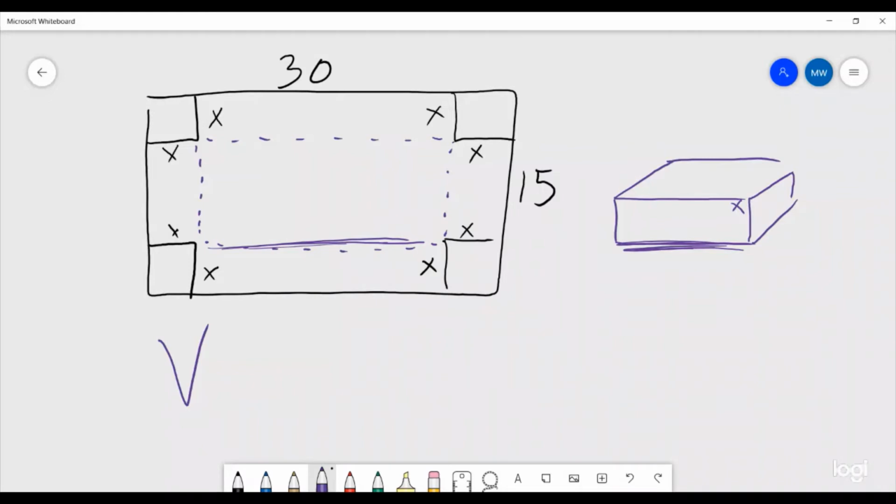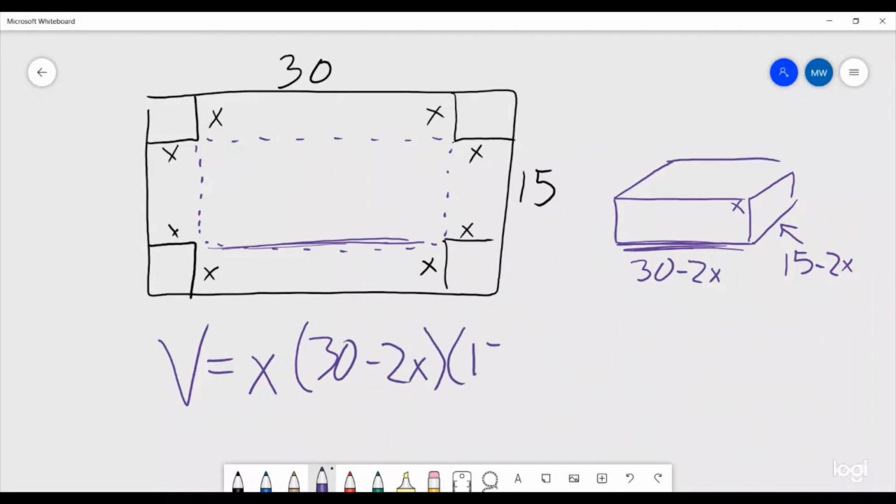And that is going to be the full length 30 minus 2 of these x's. So that's going to be 30 minus 2x, and then similarly, this side is going to be 15 minus 2x. So the volume of the box is going to be x times 30 minus 2x times 15 minus 2x.